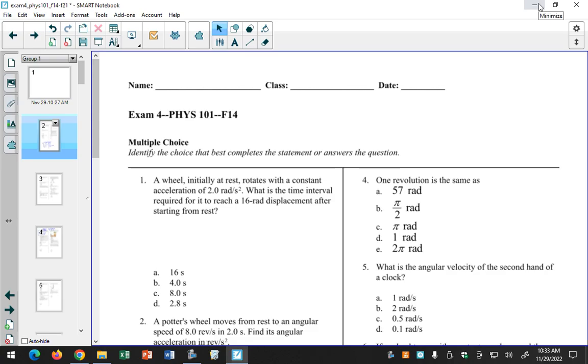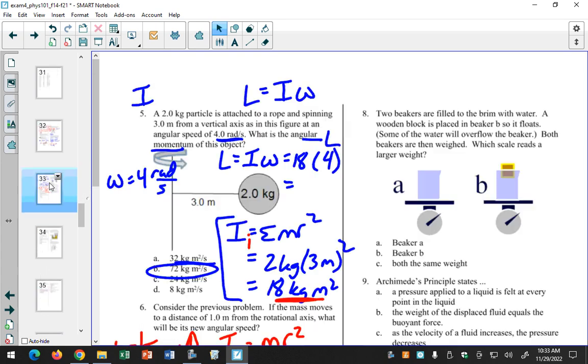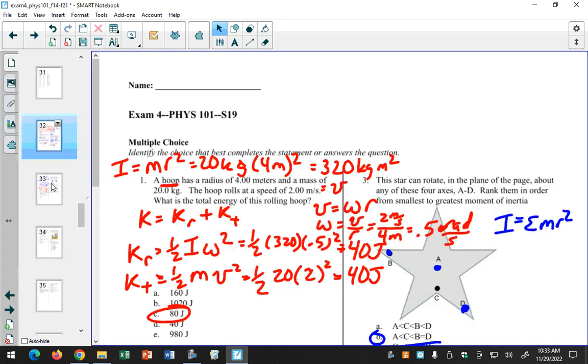All right, I wanted to go over the free response again, just to make sure that everybody's clear on what we're doing with free response, and then we can address any particular questions that you might have.